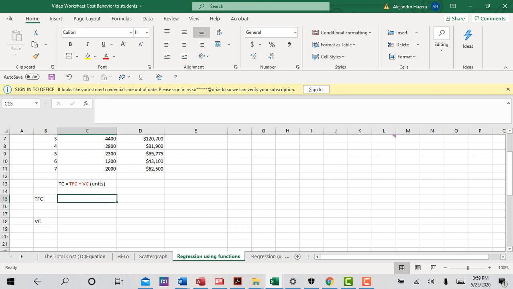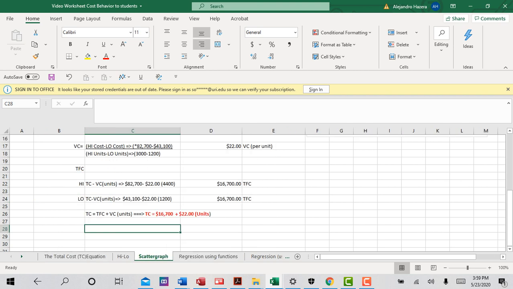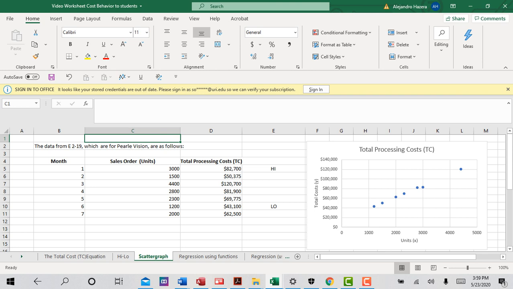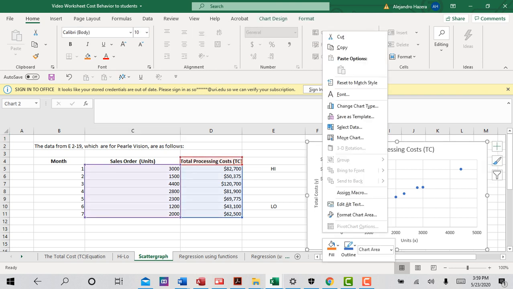For total fixed costs, you're going to use a function called the intercept. The reason it's called the intercept is because if you look at this line right here, you can imagine a line, and we could put a line in there very quickly. Let's see if we can put a line in here.